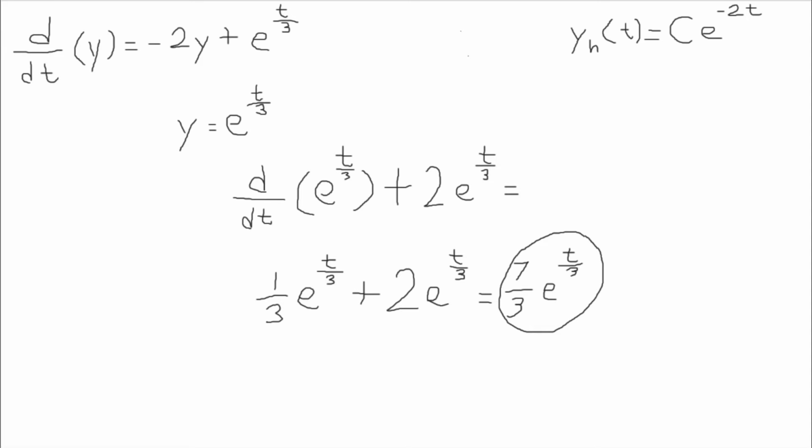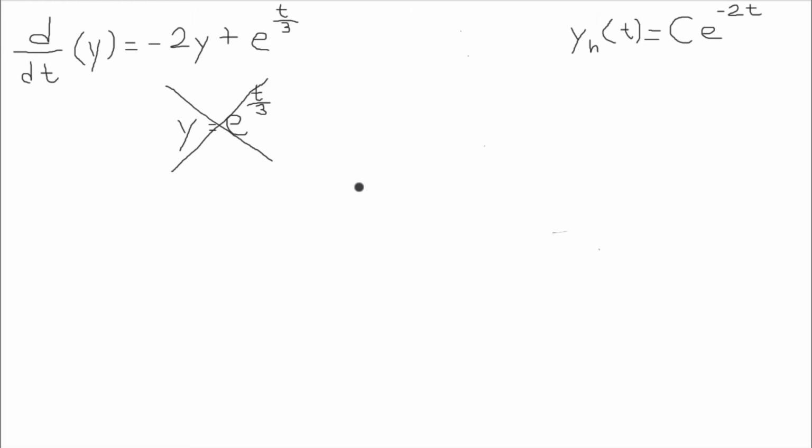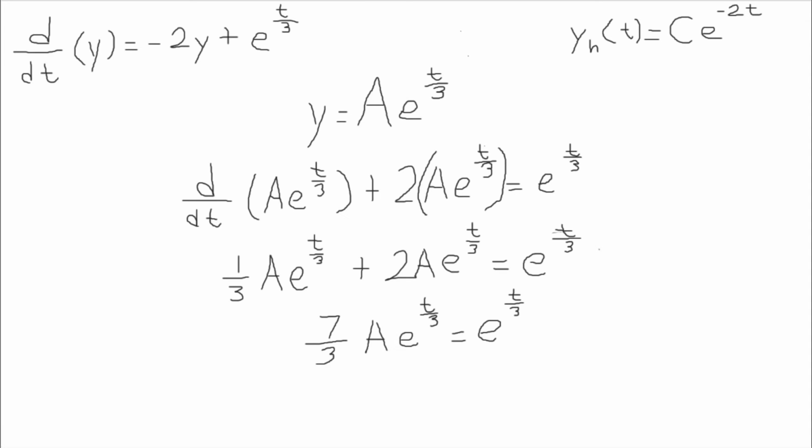No. Plugging that solution into the condition gives us something close, but it's the wrong constant. So we can say that is not a solution. To find the actual solution, we might as well multiply it by a constant term a and see where that gets us.